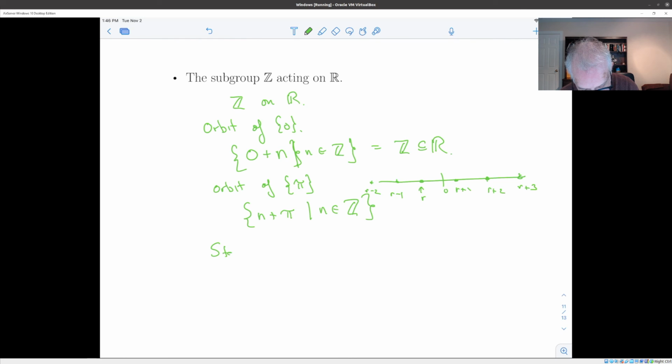So the stabilizer of x is the collection of integers n such that x plus n is equal to x. And that's just 0. So the stabilizers of points here are all 0, and the orbits are all the integer translates of a particular real number.